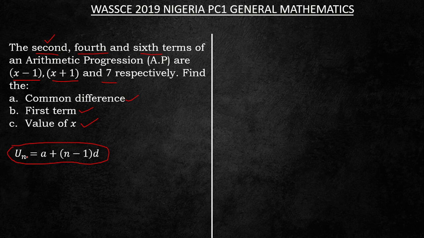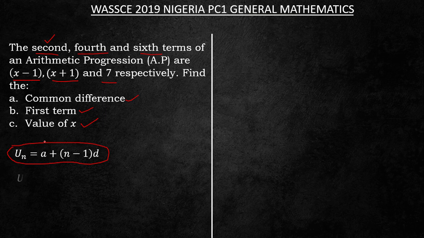If we want to find the first term, we make n equal to 1. If you are looking for the second term, n is going to be 2. For the third term, n is 3. For the 10th term, n is 10, and so on.